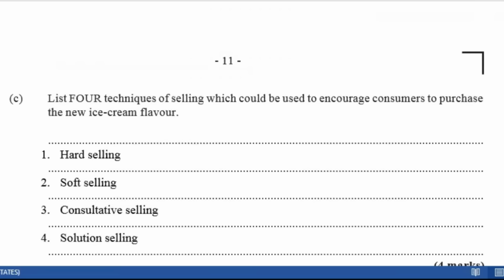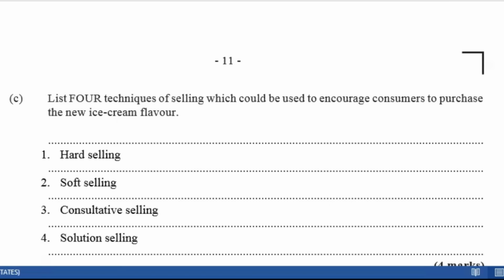When you talk about hard selling, it's when the sales rep will stop at nothing to make sure that the goods are sold, and so they are aggressive in their approach, right? Which can turn off some customers. It's like the sales rep is saying, listen, you come in this store and you're not leaving until you purchase something. And so the sales rep is at it, he's determined that he's going to sell something today.